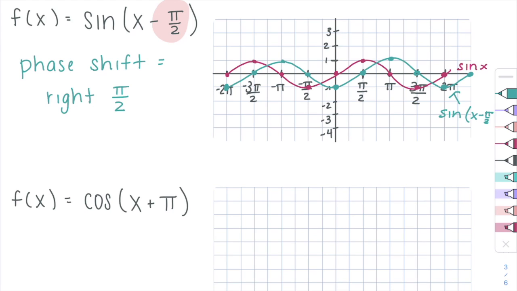So then if we look at the next one, cosine of x plus pi, our phase shift is going to be left because it's positive. Left pi.